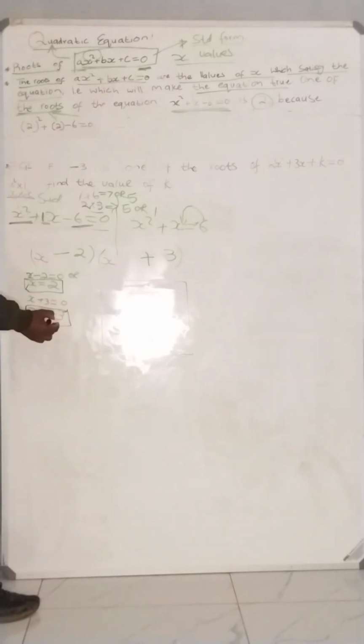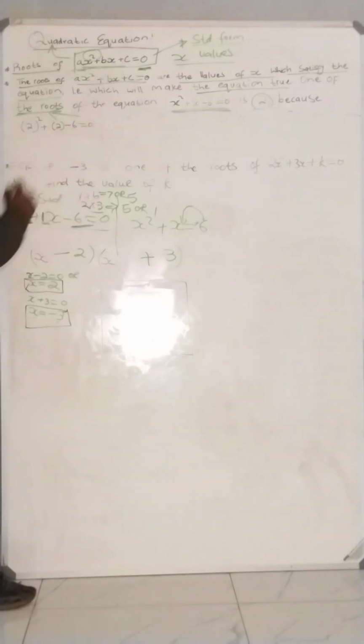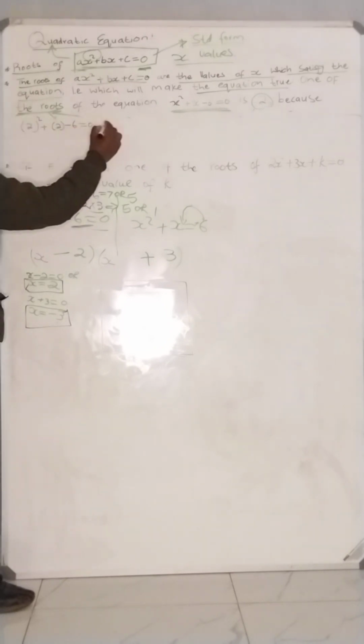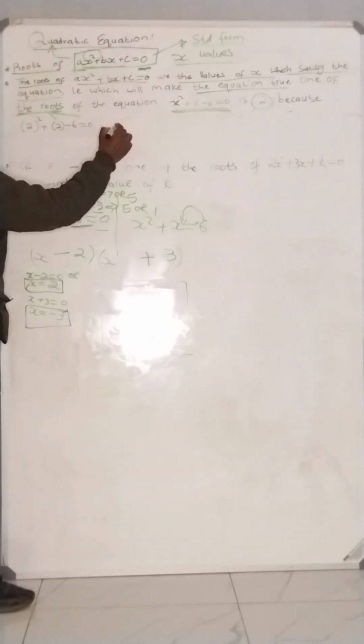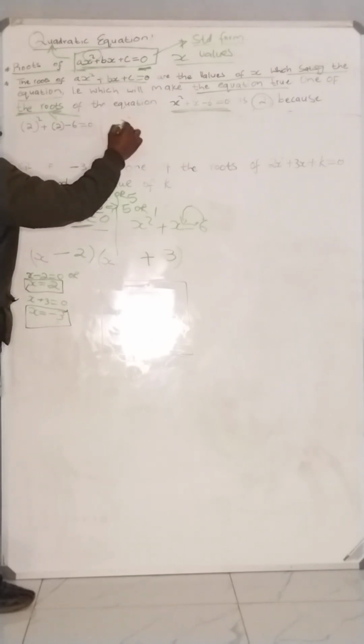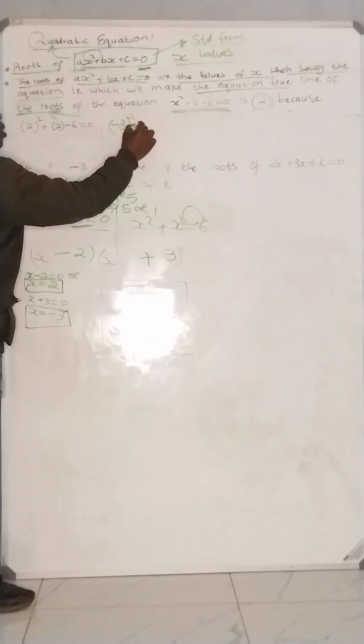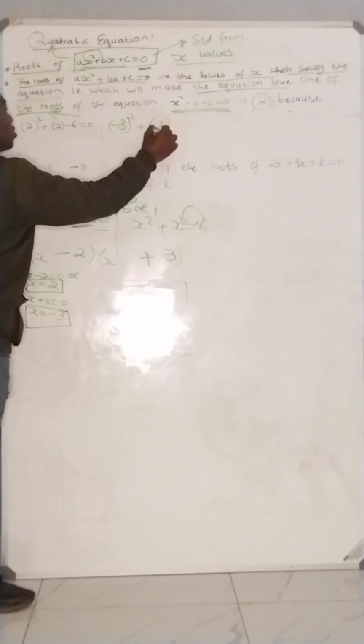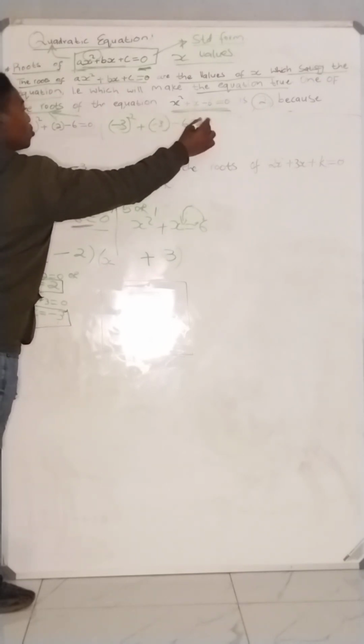So if we plug in negative 3, we should be able to satisfy this equation, and let's do that and see. So we're going to have minus 3 squared plus minus 3 minus 6 is equal to 0.